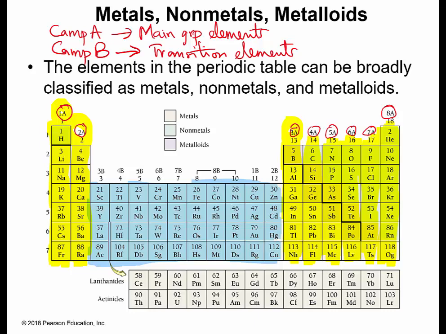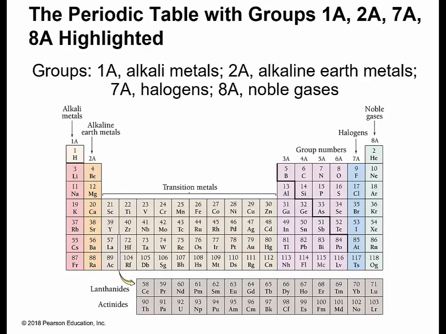Let us learn a little more about naming groups of elements in the periodic table. Group 1A elements are also known as alkali metals. Remember that. Group 2A elements are also called alkaline earth metals.